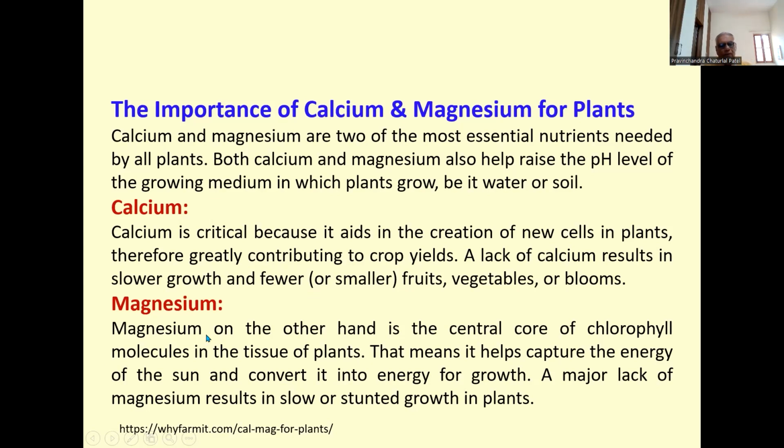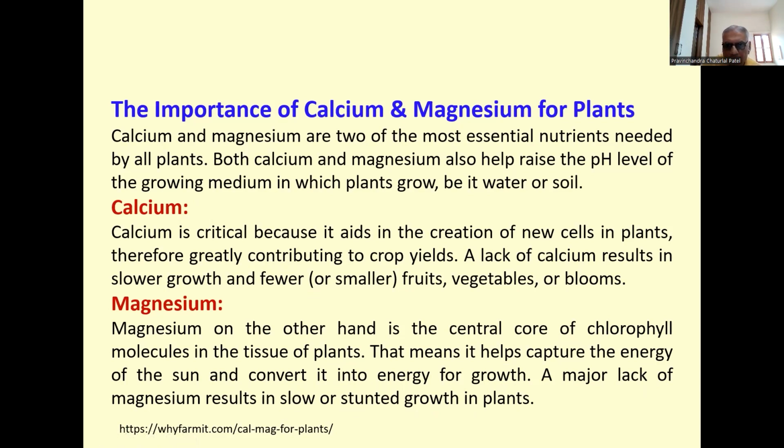Then magnesium. Magnesium, on the other hand, is the central core of chlorophyll molecules in the tissue of plants. That means it helps capture the energy of the sun and convert it into energy for growth. So a major lack of magnesium results in slow or stunted growth in plants. Both secondary elements, calcium and magnesium, are important.